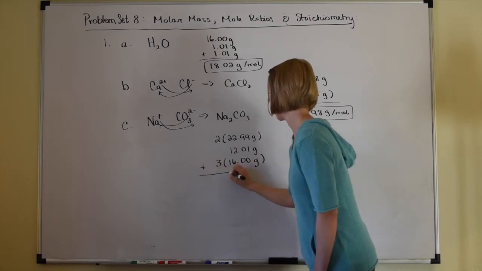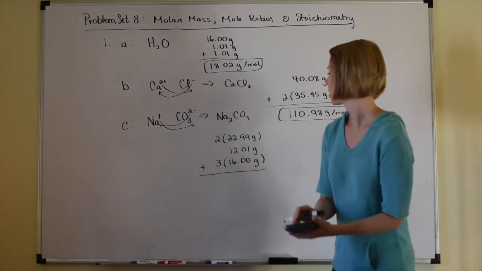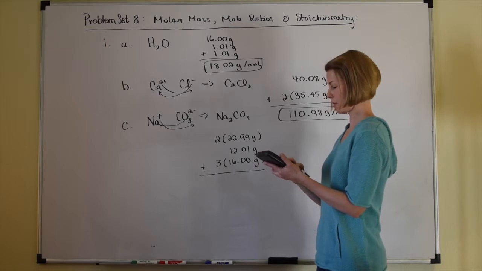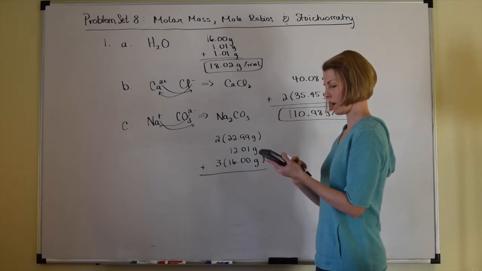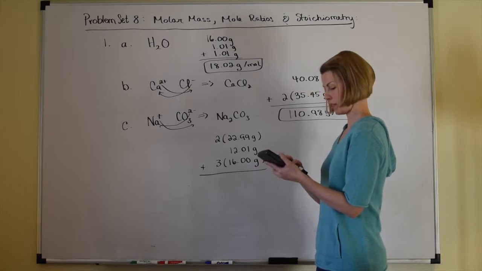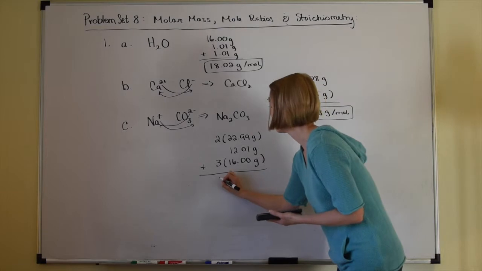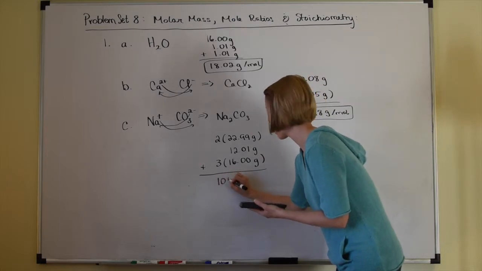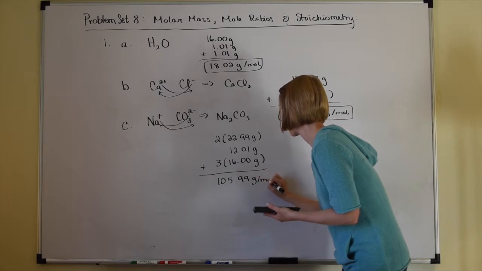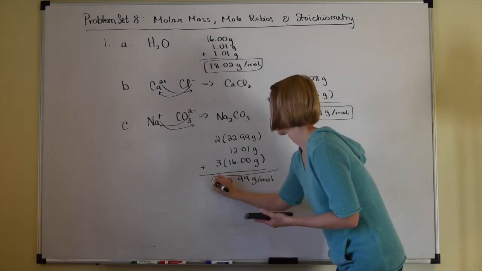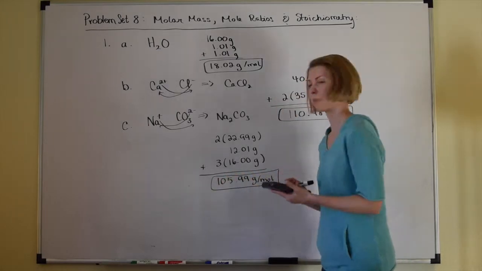Okay, and add all of those together. So we've got 2 times the 22.99 plus the 12.01 plus the 3 times 16. I get 105.99 grams per mole. Okay.